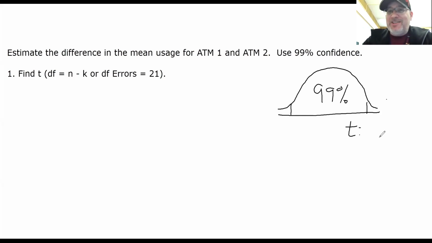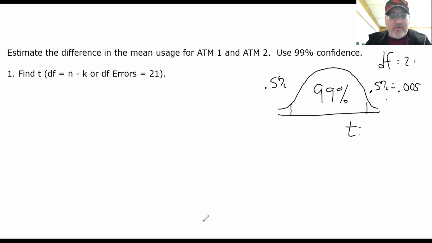If 99% is in the middle, that means that there's 1% for the two tails together. So half of 1% is a half percent. We have 0.5% in each tail. So be very careful when you're looking this up in the T chart, because you want to look it up as a decimal by moving the current decimal 2 places to the left. And you get 0.005 as the area in that T chart. So degrees of freedom 21, 0.005 in the right tail.